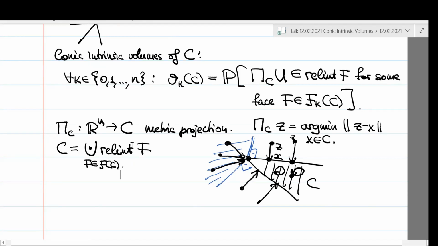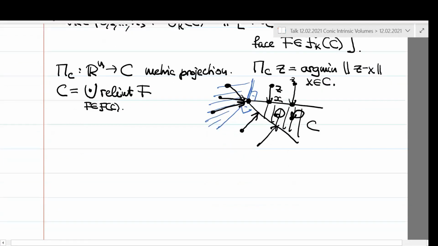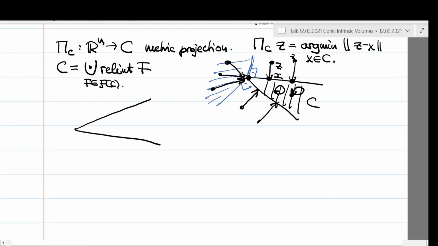A relative interior of a face is the set of all points which belong to the face, but not to a face of smaller dimension. So if you have a face like that, then the relative interior will be everything except the boundary of the face. It's essentially the interior, but taken with respect to the ambient linear hull of the face.